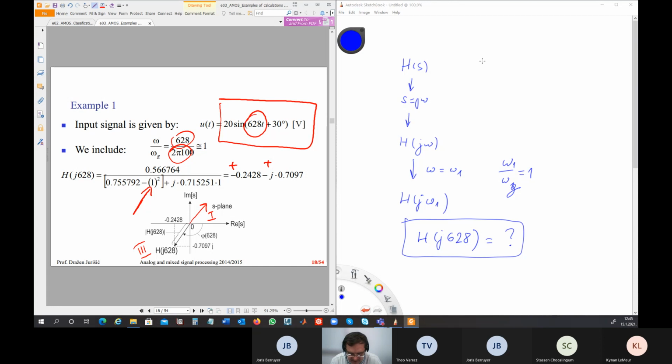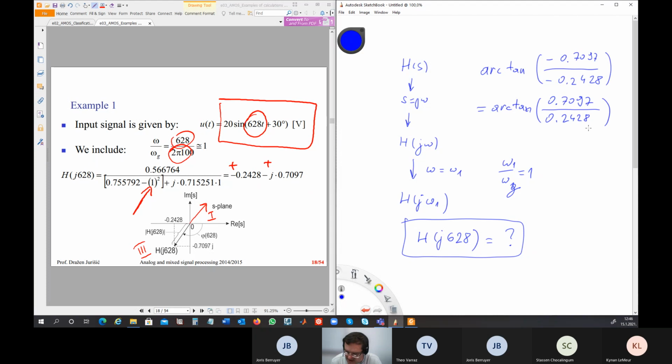If you calculate arctangent of minus 0.7097 over minus 0.2428, you will have the same as arctangent of plus 0.7097 over 0.2428.